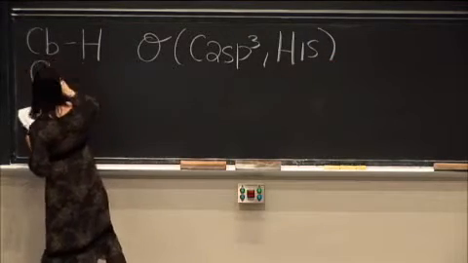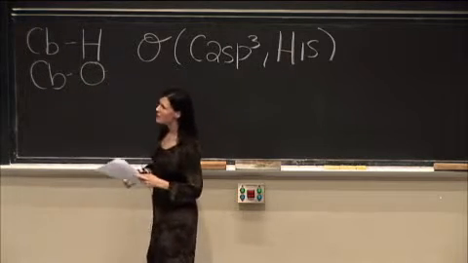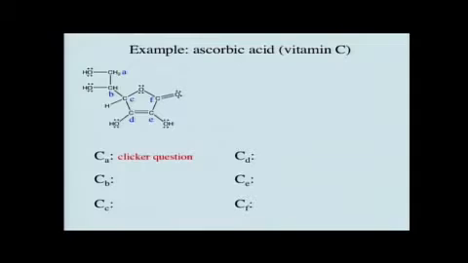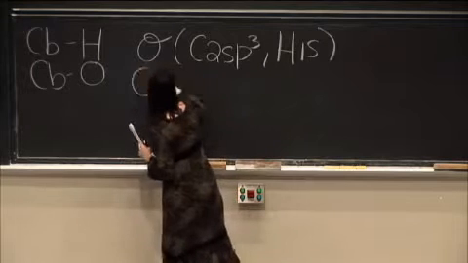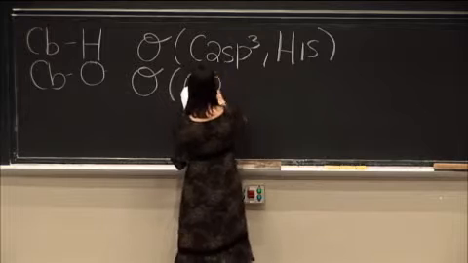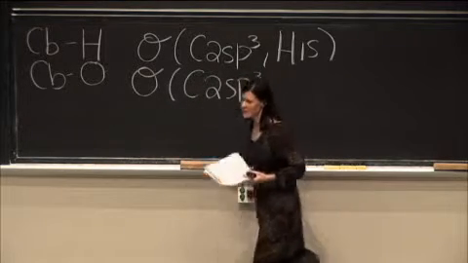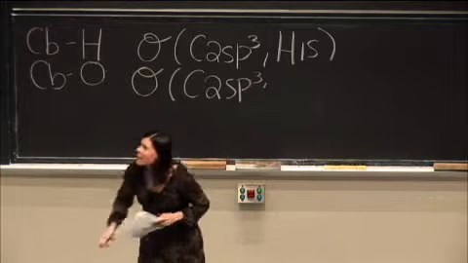All right, great. So let's take a look at another one. Let's look again at carbon B, but now let's talk about it bonding to its oxygen there. So again, are we going to be talking about a sigma or a pi bond? A sigma bond, because again, it's a single bond here. So what we'll say again is carbon 2 sp3. And let's take a look at this oxygen that it's bound to.